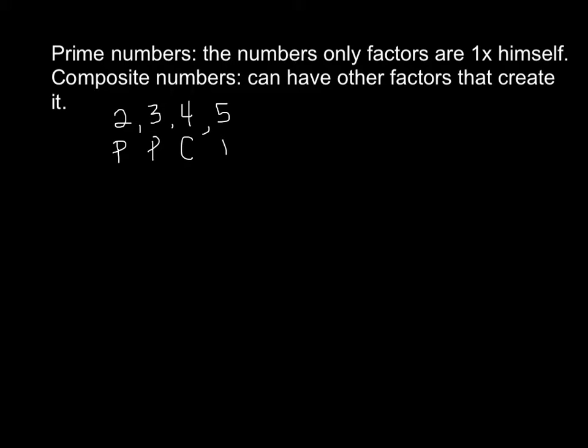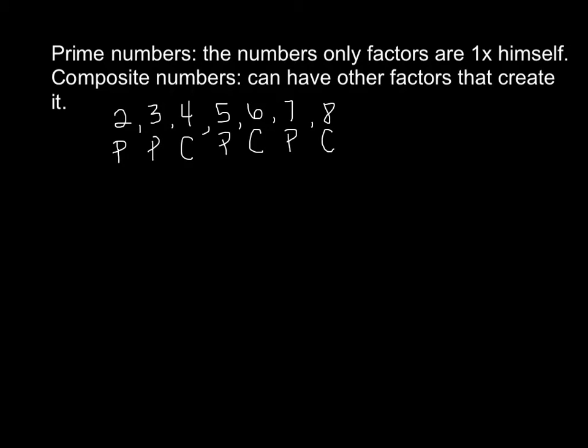5, only 1 times 5 makes him prime. 6, 1 times 6 and 2 times 3, he's got some other friends, he's composite. 7, only 1 times 7 makes 7, he's prime. 8, 1 times 8 makes 8, but also 2 times 4 makes 8.